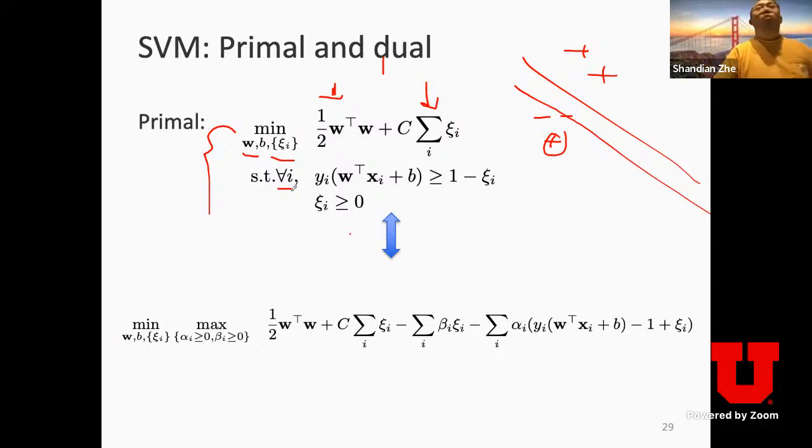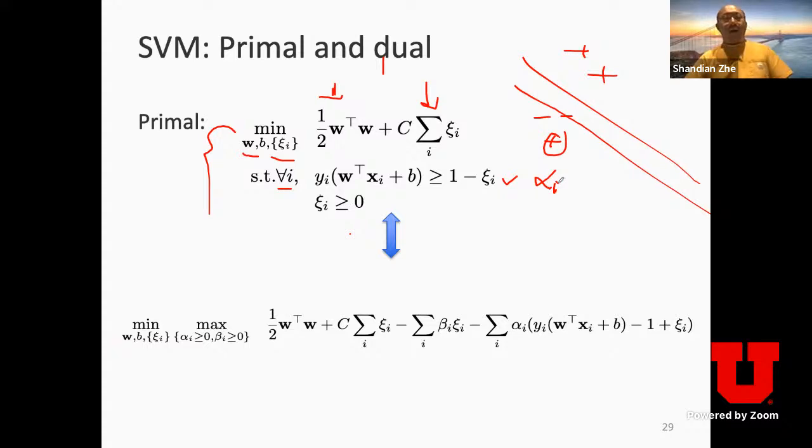One constraint is about the functional margin. The functional margin should be no less than 1 minus KCI. Correspondingly, we can introduce a Lagrange multiplier for this constraint, which we denote as alpha i.